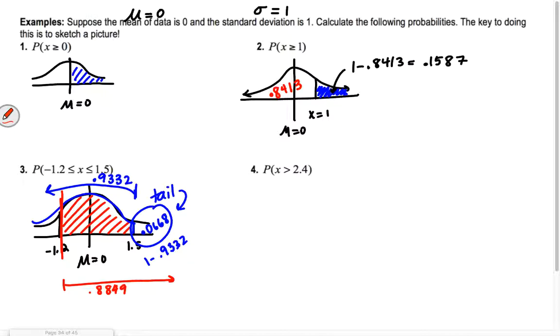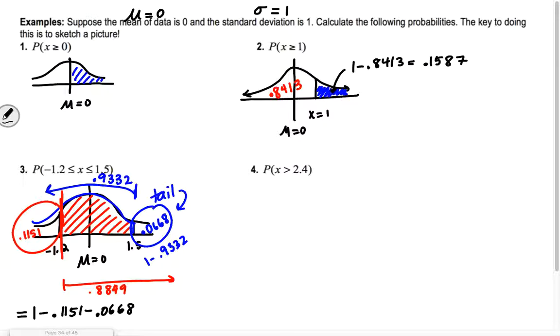Okay, how do we get its tail? 1 minus that. So when we do 1 minus that, we get 0.1151. Exactly. So how do we get the shaded region then? Exactly. Perfect. You guys see it?